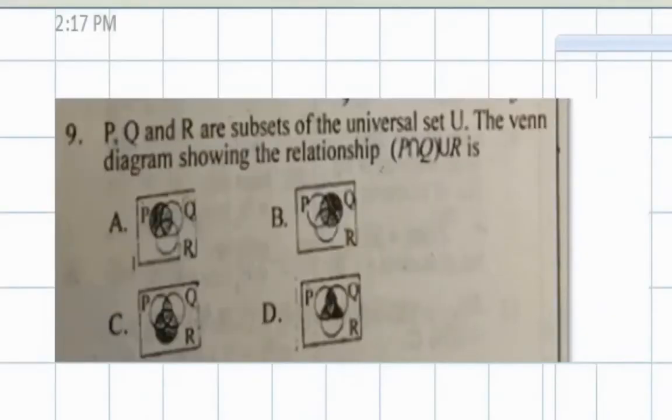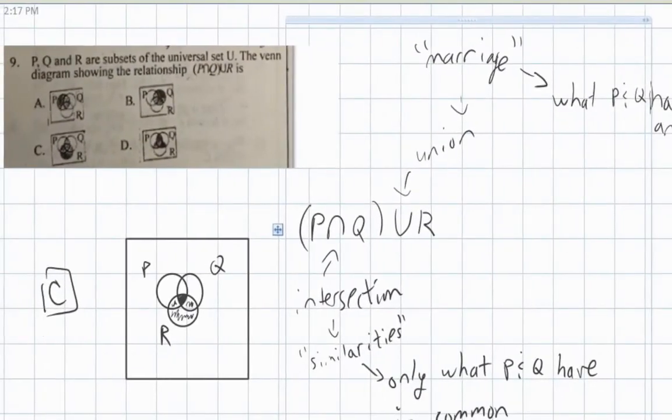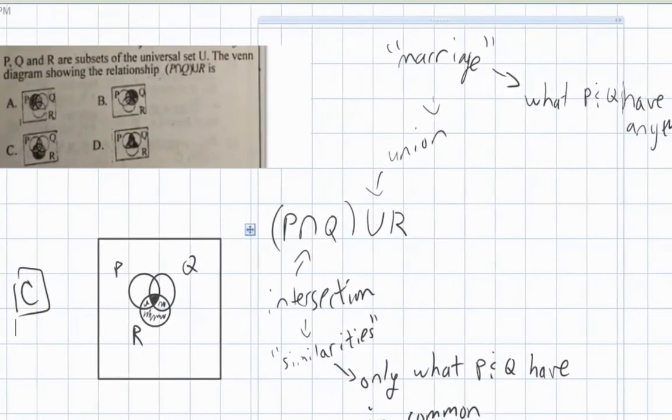Question 9 says P, Q, and R are subsets of the universal set U. The Venn diagram showing the relationship which has P intersection Q union R is... So what you want to do is first remember what intersection and union mean.